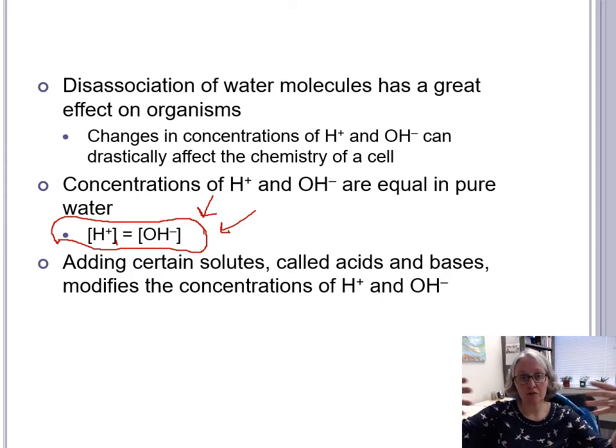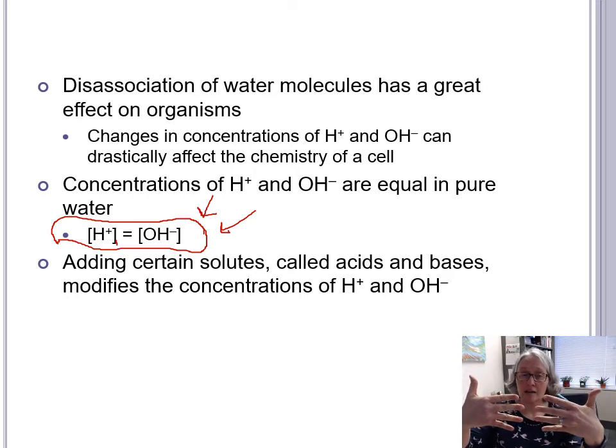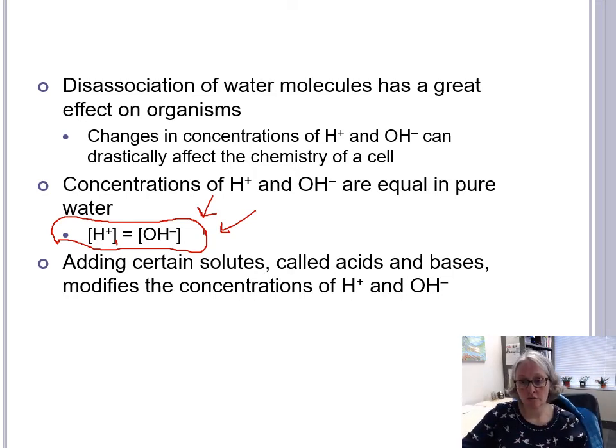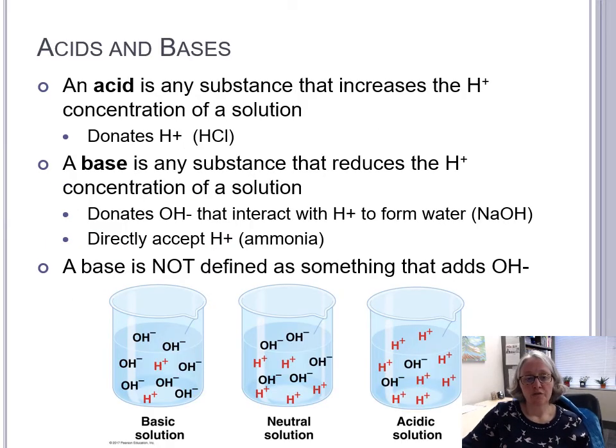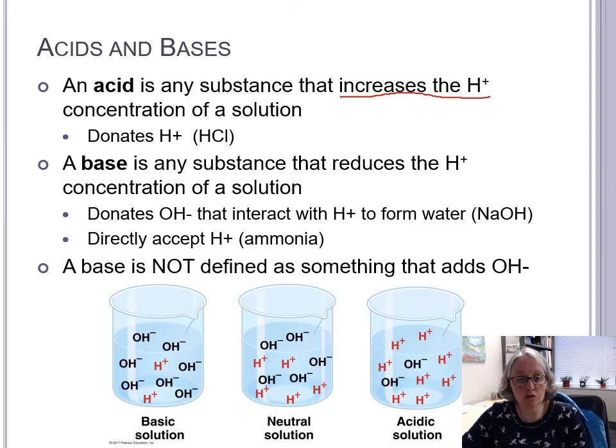So instead of everything being equal, when you add an acid or a base, it causes these concentrations to change. We define an acid as anything that increases the hydrogen ion concentration of a solution.